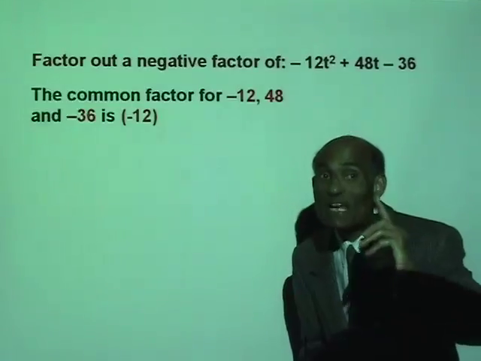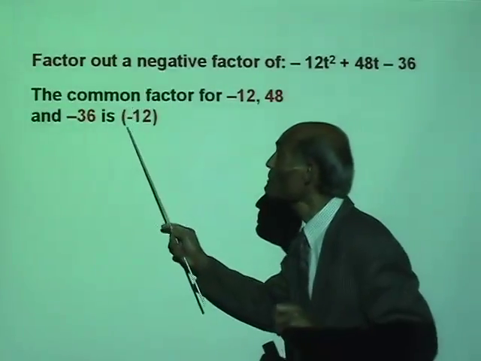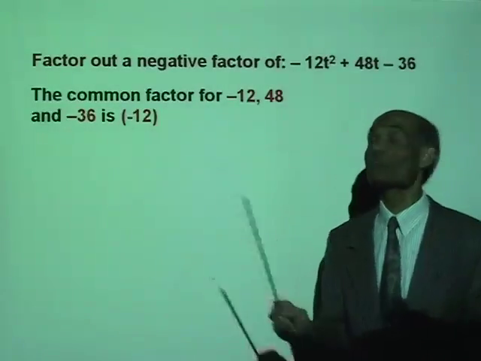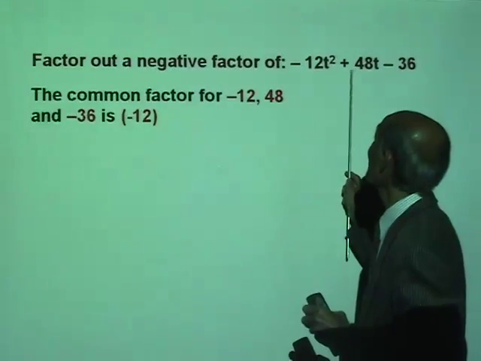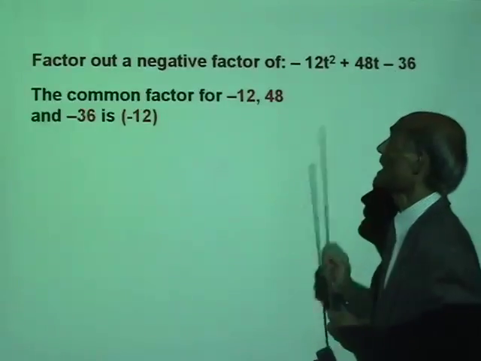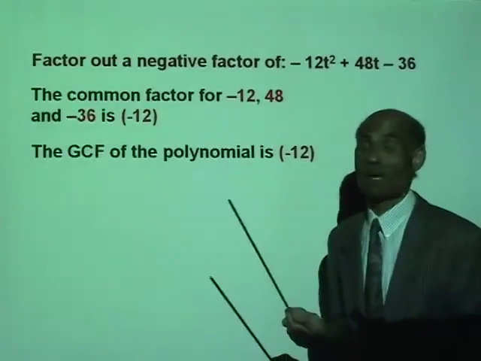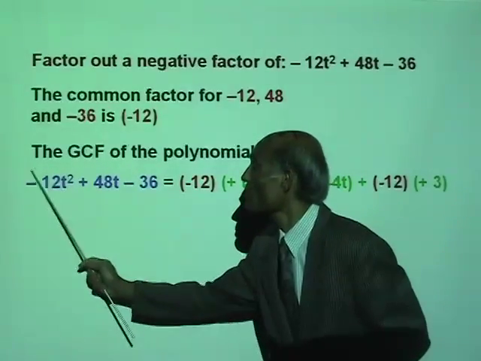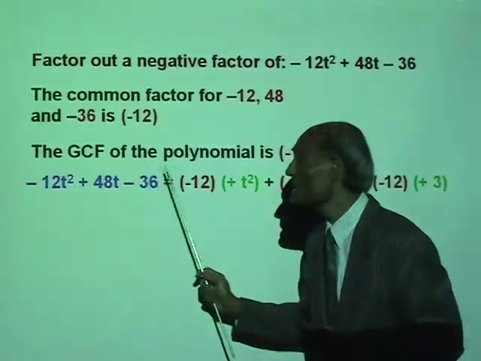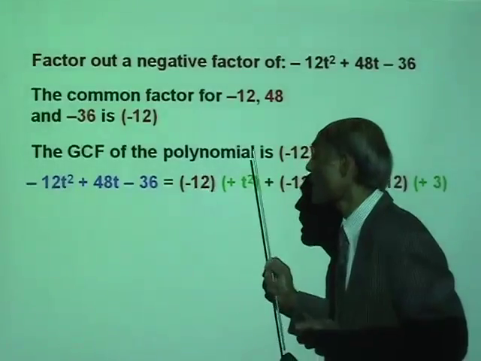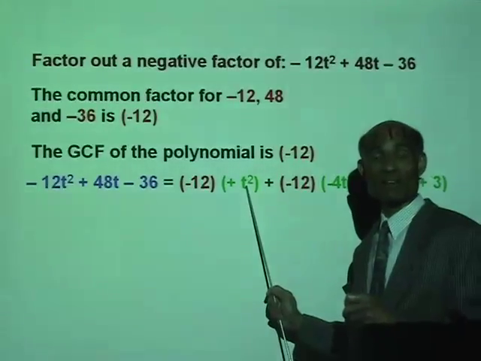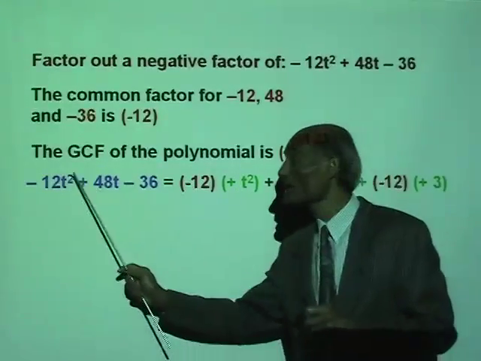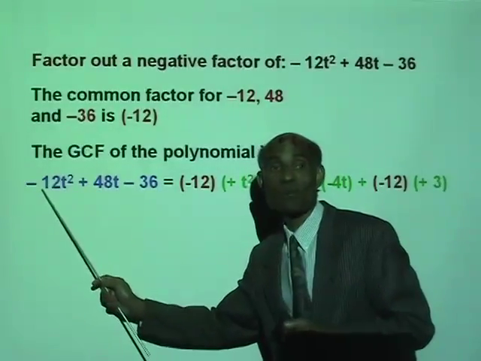You need to get a negative factor. So I'm going to use negative 12 as the common factor of negative 12, positive 48, and negative 36. And so we can now write negative 12t squared as negative 12 times positive t squared. Is that alright? Negative 12 times positive t squared is negative 12t squared.